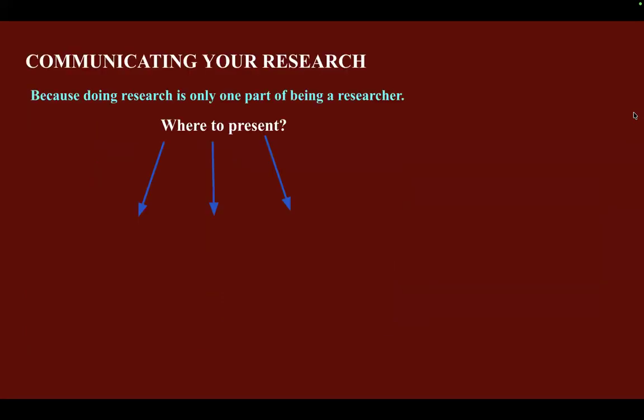Communicating your research is another very important part of being a researcher. In my school we had several opportunities to present our research. First are your lab meetings, because a lot of labs have them, and you want to take advantage of presenting there so that you can get feedback from different lab members and your PI on how you can improve.